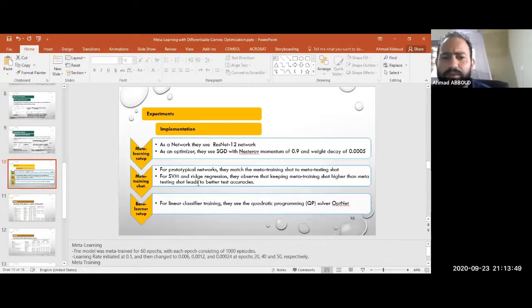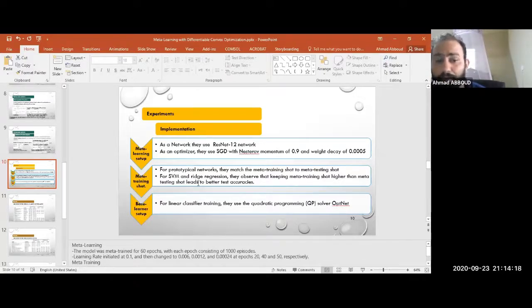For meta-training shots, in the learning we have training shots and validation shots. When they use the prototypical network, they match the meta-training shots to the meta-testing shots, using the same number of shots for training and testing. When they use SVM and ridge regression, RR, in this paper, they observe that keeping the meta-training shots higher than the meta-testing shots leads to better test accuracy.